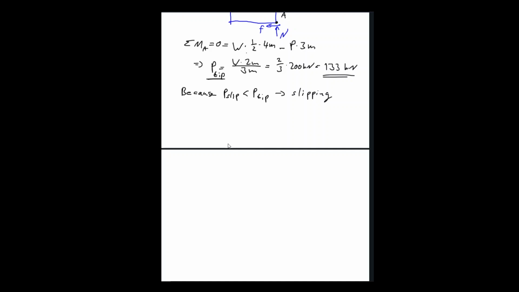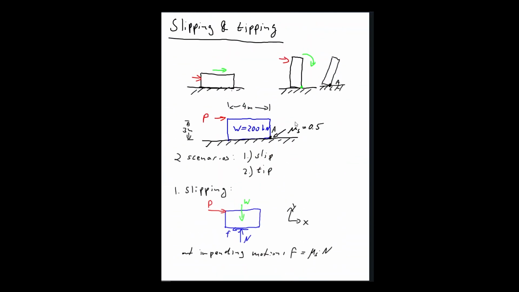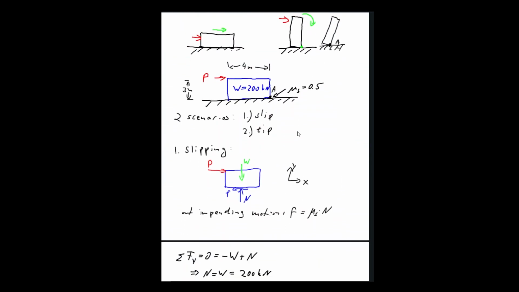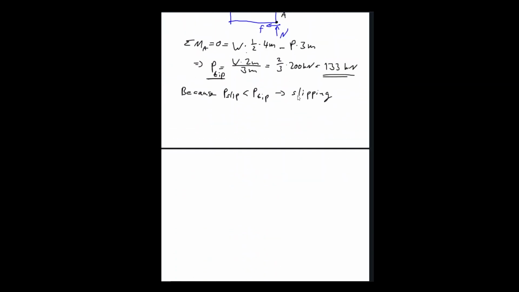Now, what happens if I increase my friction here? If this is a rougher surface, say mu s is equal to 0.75, what would happen?